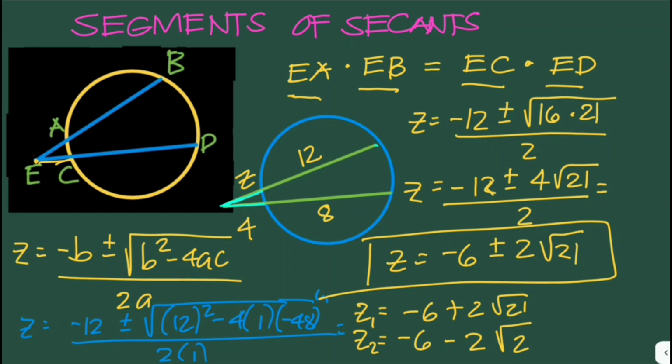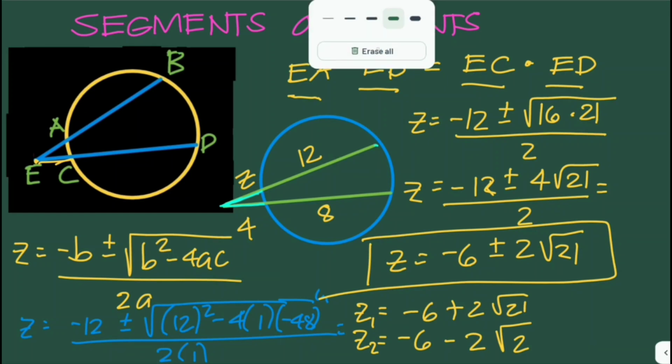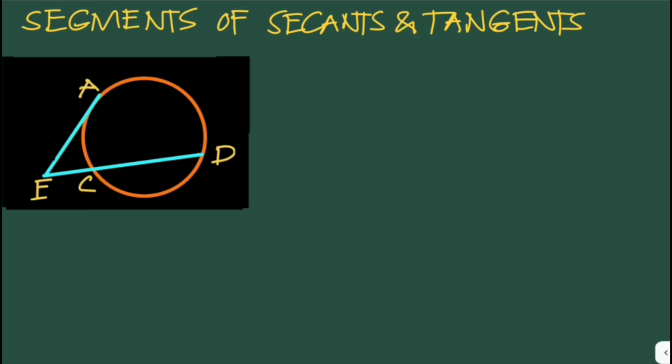All right. How about segments of secants and tangents? How about if we have a secant and a tangent on a circle? So if a secant segment and a tangent segment share an endpoint outside the circle, this point E here, then the product of the lengths of the secant segment and its external segment equals the square of the length of the tangent segment.